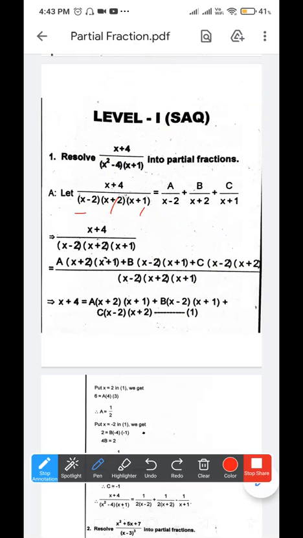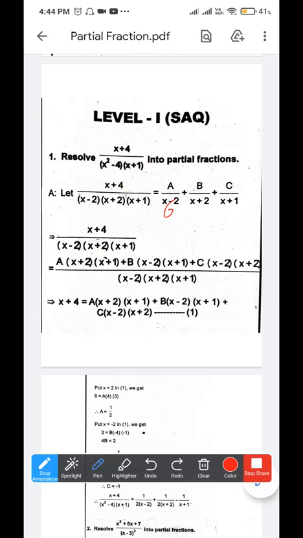Now what we are doing is multiplying. This LHS will remain the same. But for the RHS, with A we will multiply (x + 2) and (x + 1).